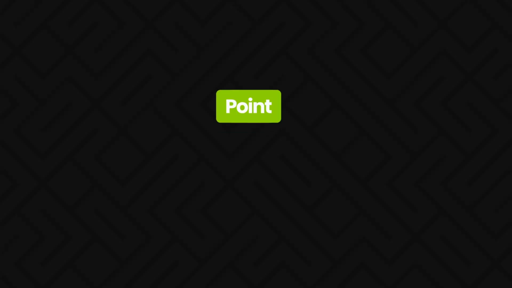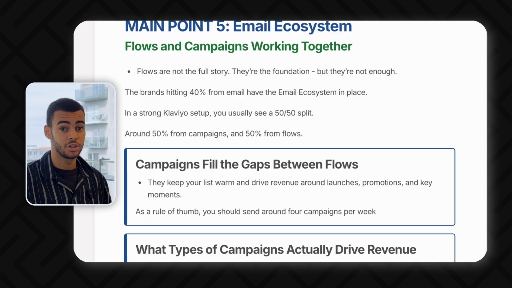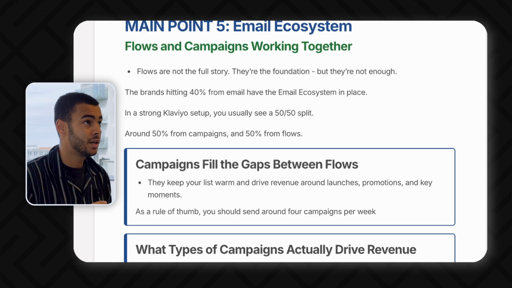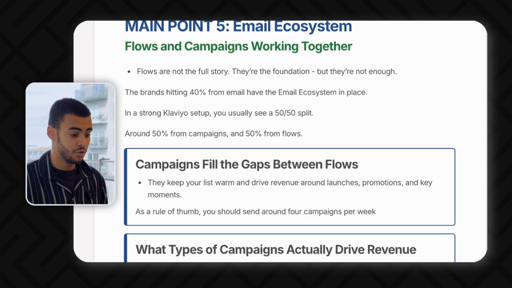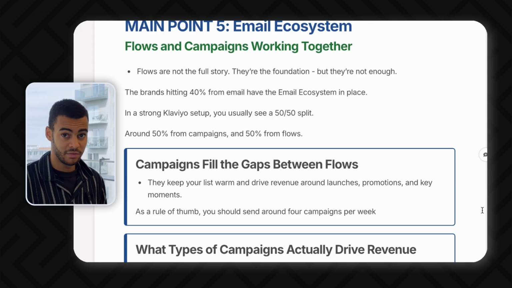Main point 5 is about having the whole email ecosystem in place, because both flows and campaigns are actually working together. Flows are not the full story. Flows are the foundation, but they're not enough. Brands who try to hit 40%+ of revenue from email always have this email ecosystem in place. A strong Klaviyo setup sees a 50-50 split between flows and campaigns.